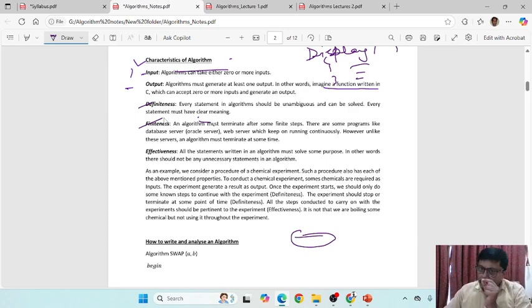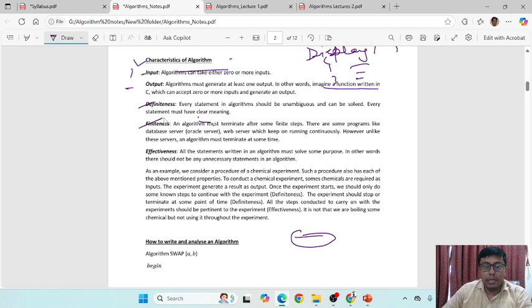There are certain programs that contradict this. You can consider another thing: for example, any database server or a web server, which goes on running continuously in the background.